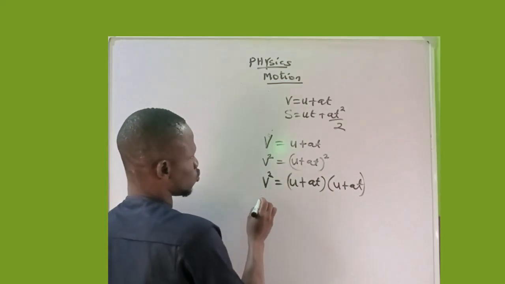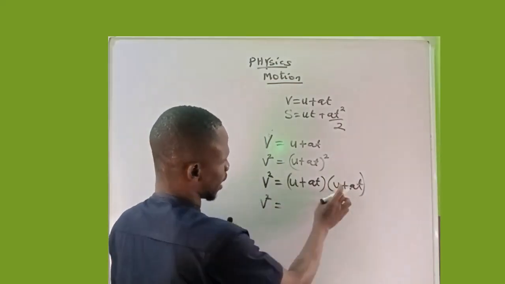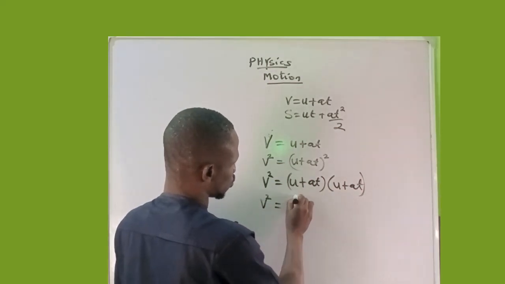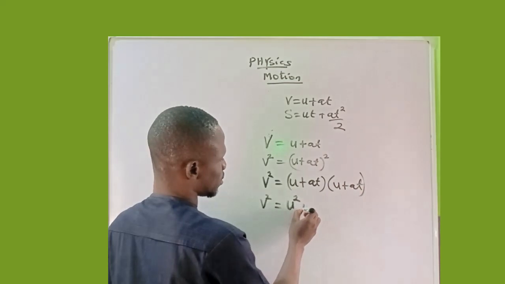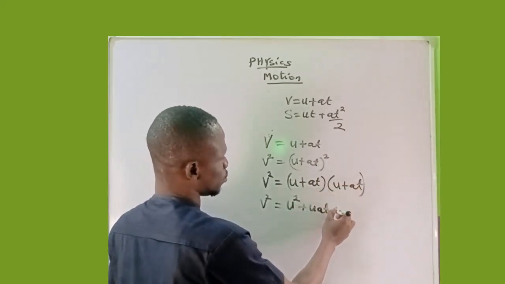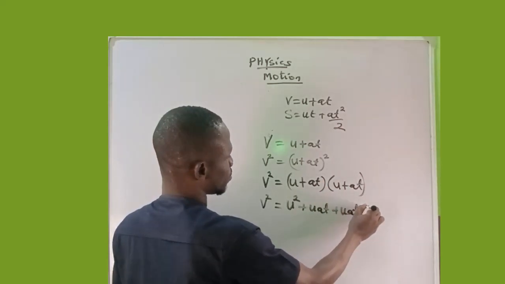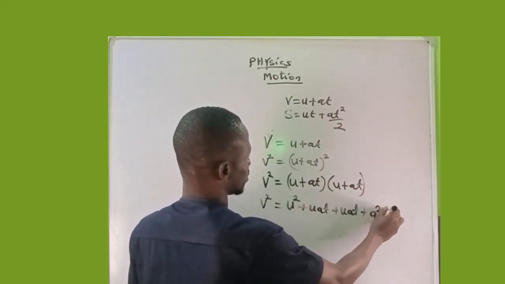So we're going to have that V square is equal to U times U, U square, if you open the bracket, U times AT, UAT, plus AT times U, UAT, plus AT times AT, A square T square, right?